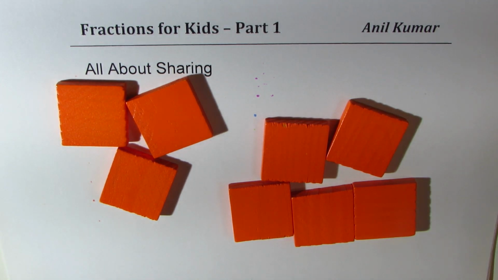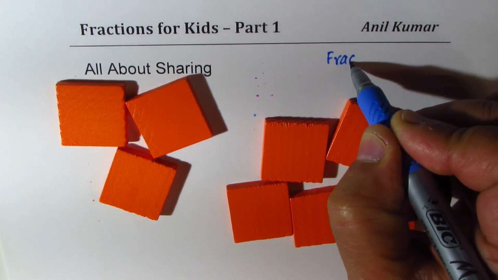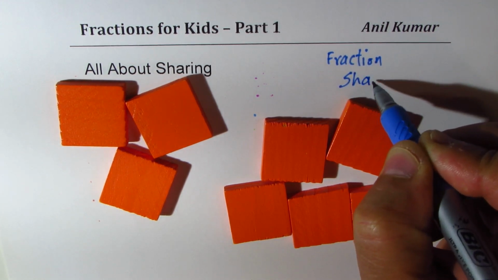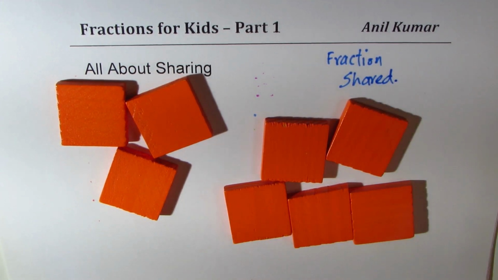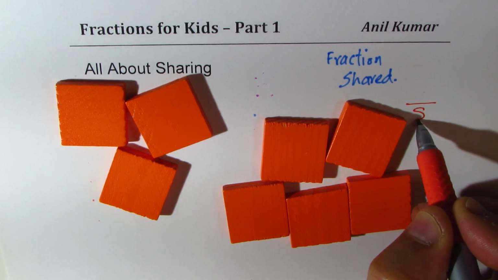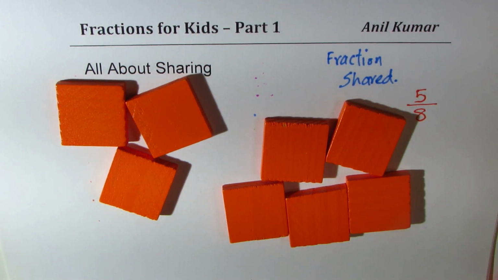So we'll write down the numbers which represent fraction shared. So tell me, what fraction did I share? Out of 8, I give away 5. So to write in terms of fraction, I will say out of 8, I give away 5. Does it make sense? Correct?